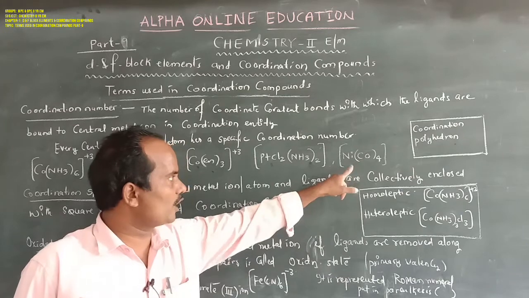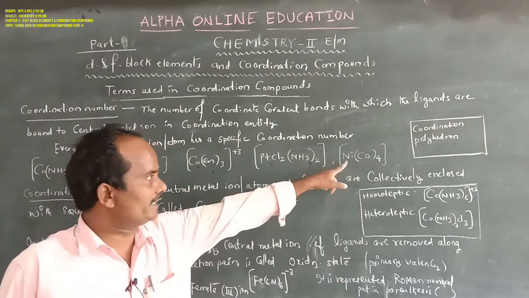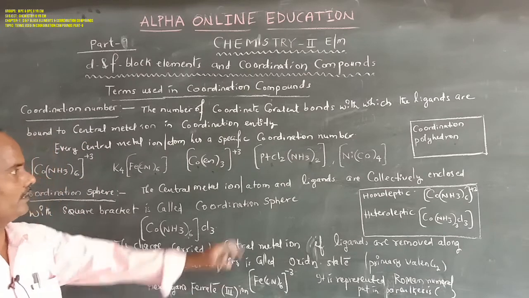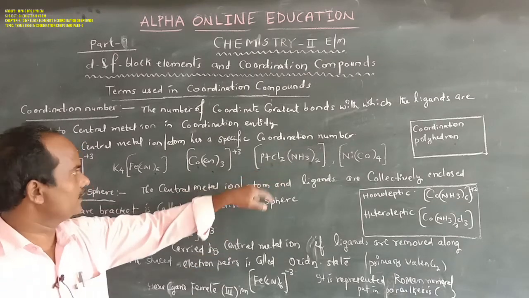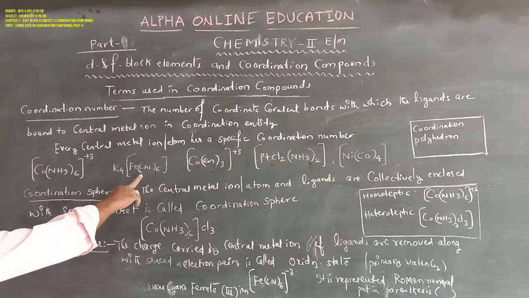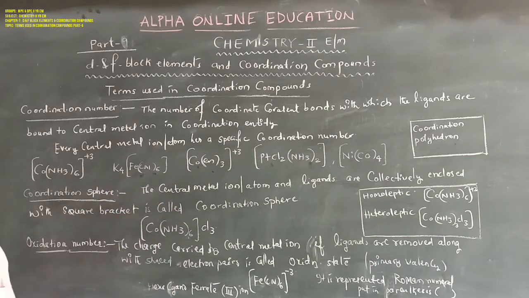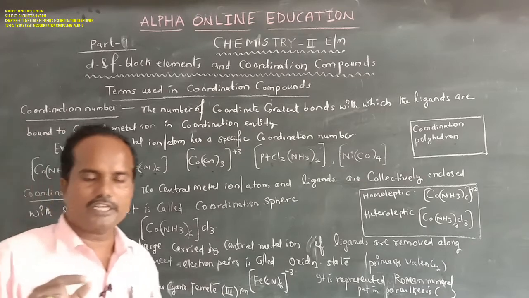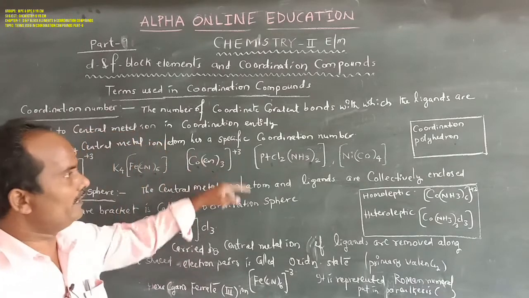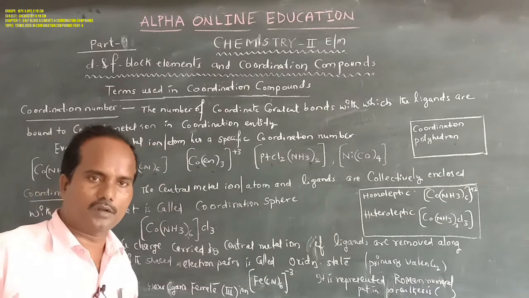Tetracarbonylnickel is tetrahedral geometry. Then next one is a square planar complex. Then next one is again an octahedral complex, and again an octahedral complex. So based on the coordination number, we can assume the geometry of the coordination compound.